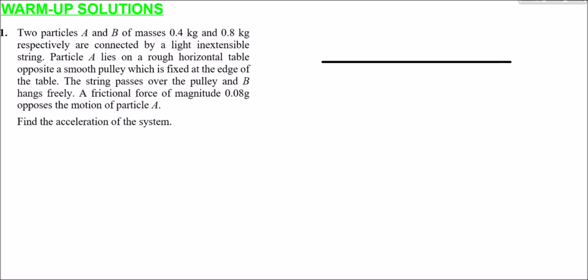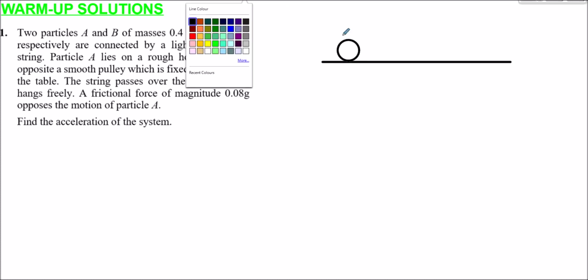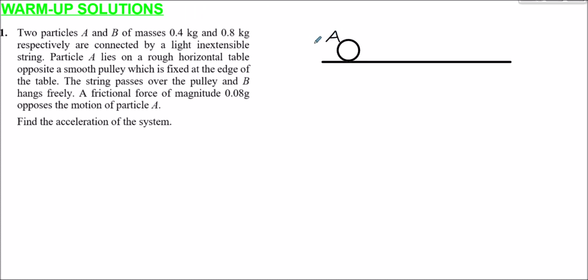So we've got the table like so. This can be my particle A. So I'll just label this A like so. And it says here that the string passes over a pulley, and it says also that A lies opposite to a smooth pulley which is fixed at the edge of a table.